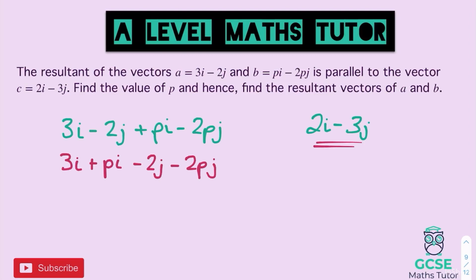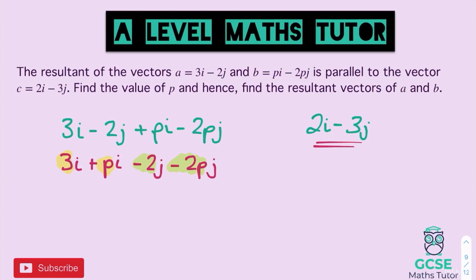We've got the 2i and the negative 3j. So looking at this, the coefficients of i are 3 and positive p. And then for j, we've got the coefficient of negative 2, and the coefficient of negative 2p.